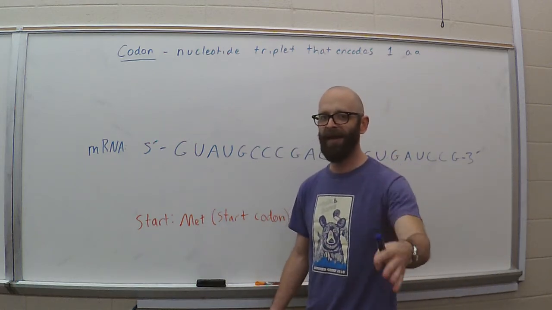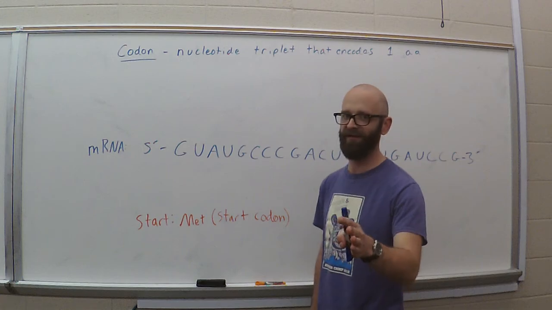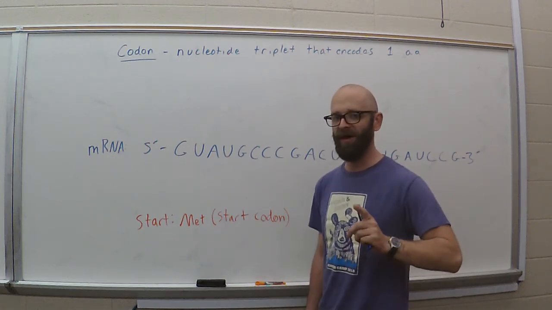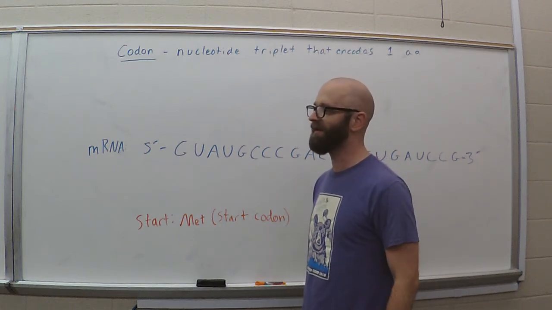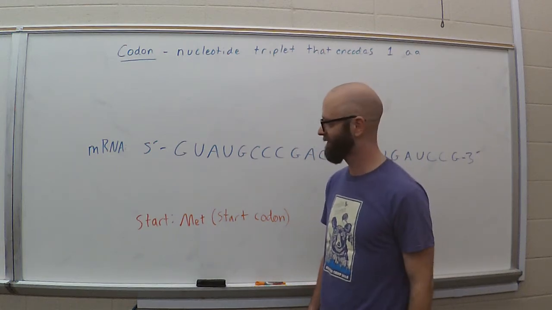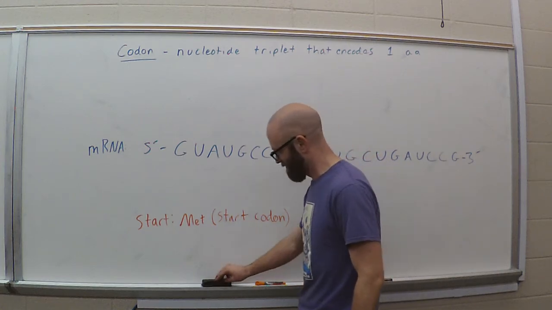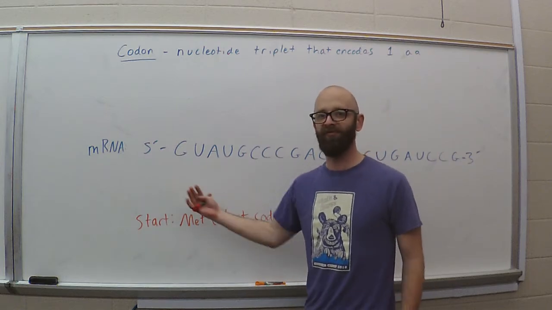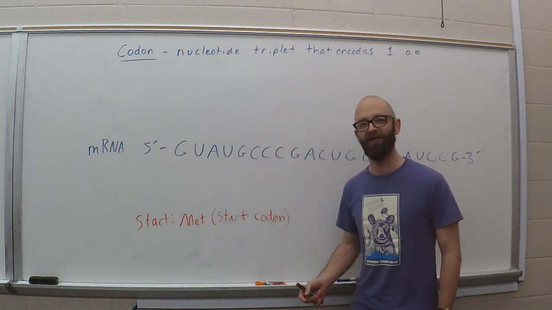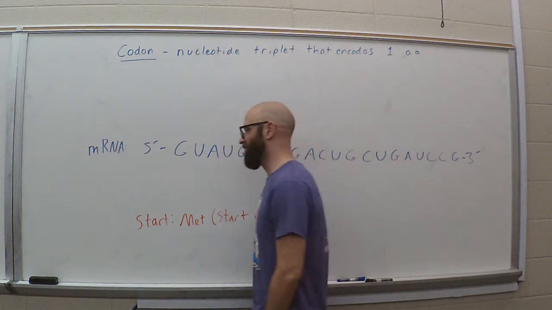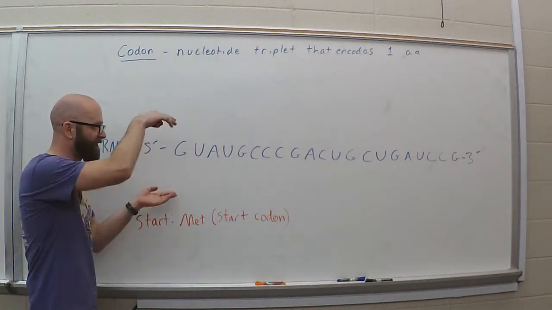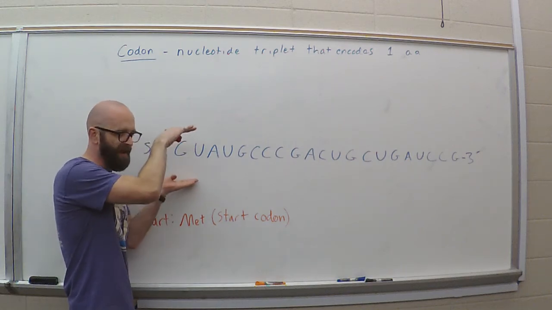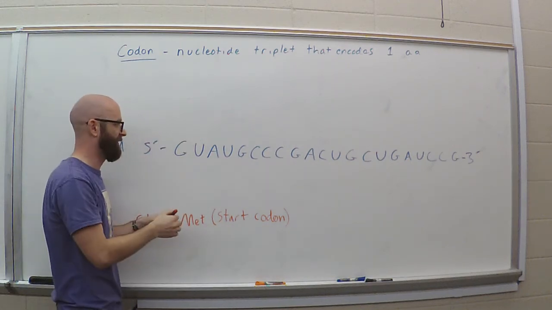So every polypeptide is going to start with a methionine amino acid. And the codon that encodes methionine is AUG. All right? So, if this strand of mRNA was being translated, it would start with an AUG. So the ribosome might bind on to this mRNA strand and start reading. And when it sees an AUG, it will start translating.